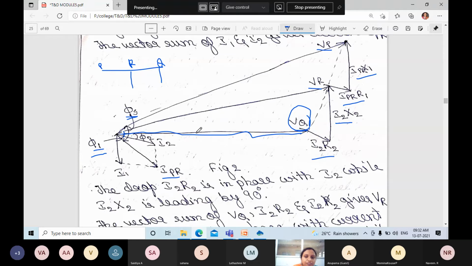From VR it will be only I1, so the angle is phi 1 between VR and I1. At Q it will be I2, so between VQ and I2 there is phi 2. Now you have understood the angles between voltage and current.